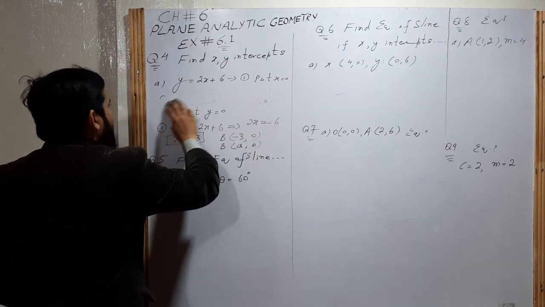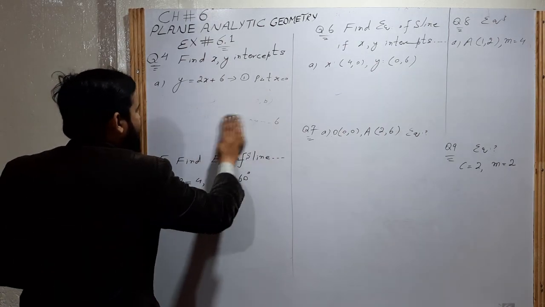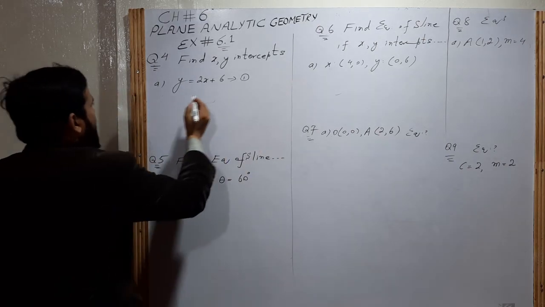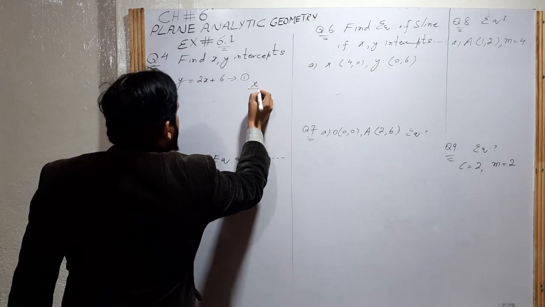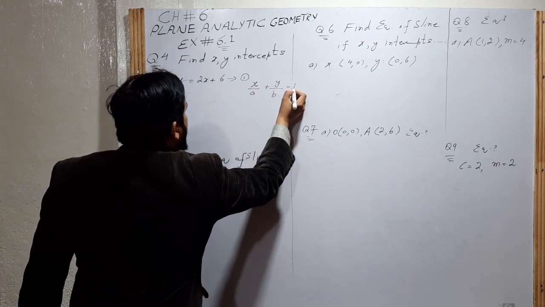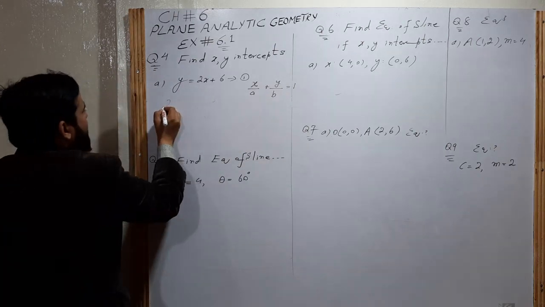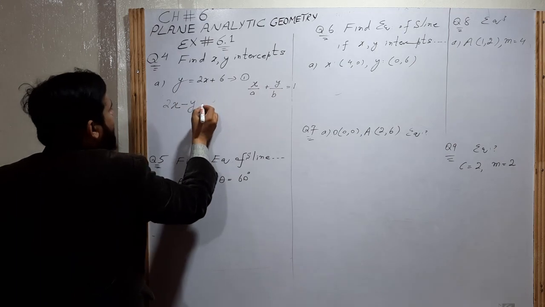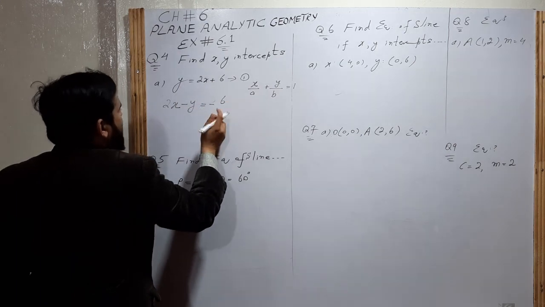The second method is related to the two intercepts form. Simply convert into two intercept form, which is x over a plus y over b is equal to 1. So 2x minus y is equal to -6.